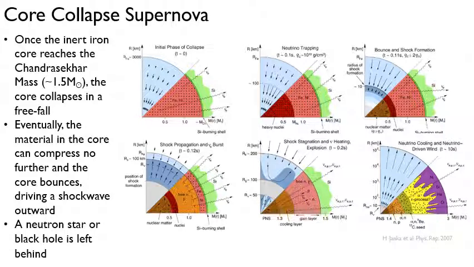So the actual core collapse supernova process itself is rather interesting. It'll create a lot of elements, as we'll talk about in a moment. What basically happens is you have your iron core. There's not enough pressure being generated to support the inward pull of gravity, so the core starts to collapse. Matter is falling inwards towards this core.